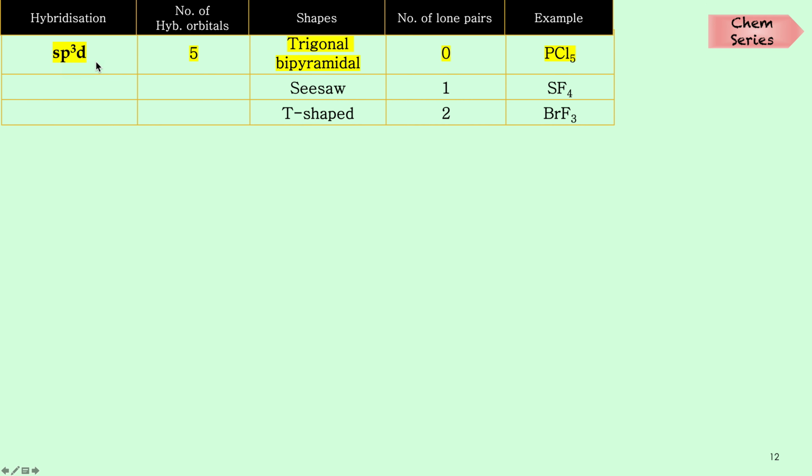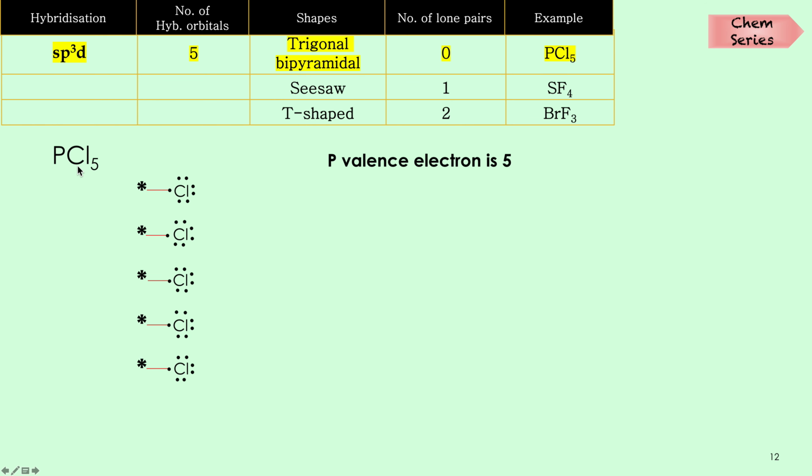Coming to sp3d hybridization, the first example is PCl5. Here phosphorus will be your central atom and its valence electron is 5, which is being written like this. And there are 5 chlorine atoms. Chlorine has 7 valence electrons, and 1 electron will be involved in the bond formation.